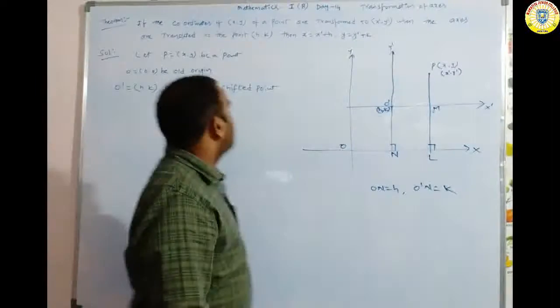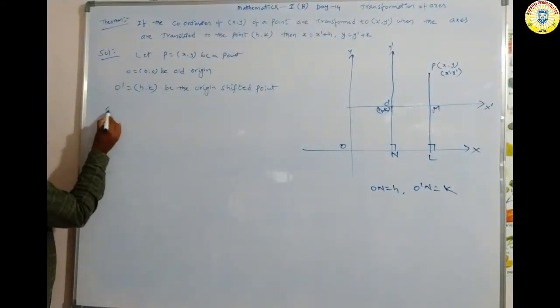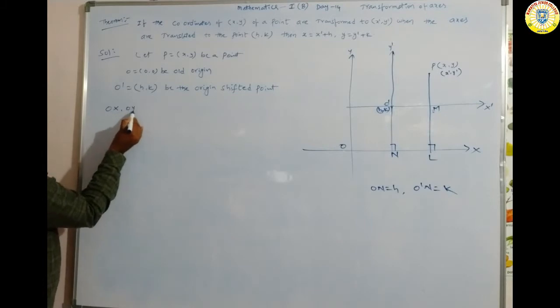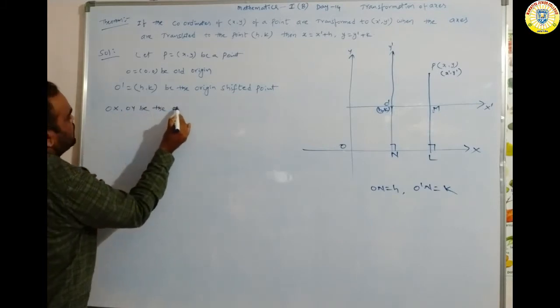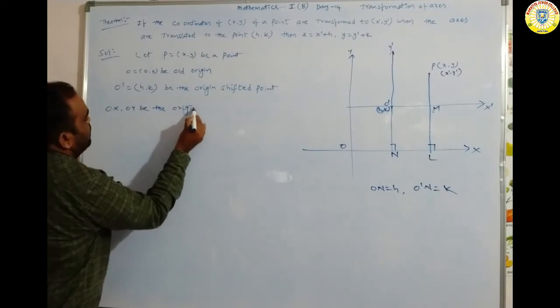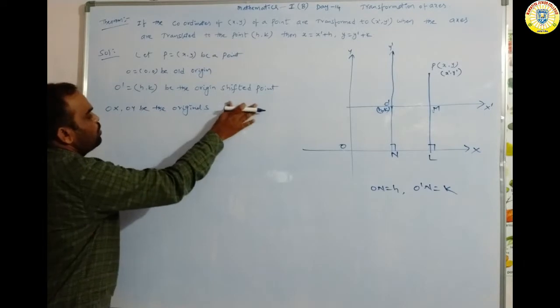Here the origin shifted point is H comma K. OX, OY is the original system, or old system.